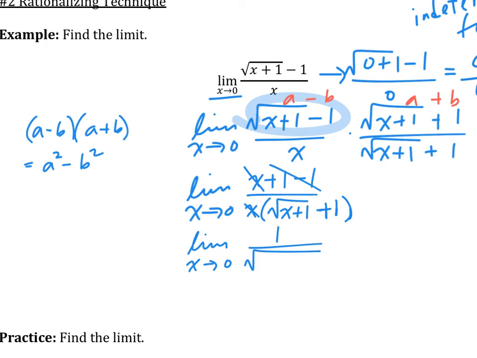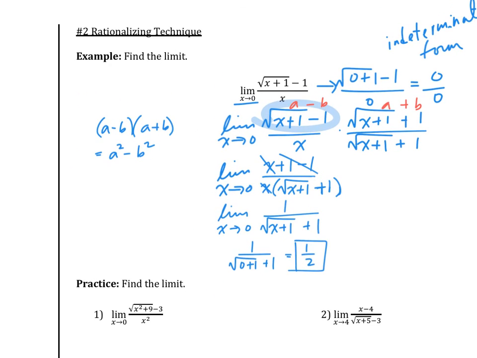Okay, so then this is equal to 1 over square root of x plus 1 and then plus 1. So then if we put in 0, we get 1 over square root of 0 plus 1 plus 1, which is 1 over 2. So the limit is 1 over 2.